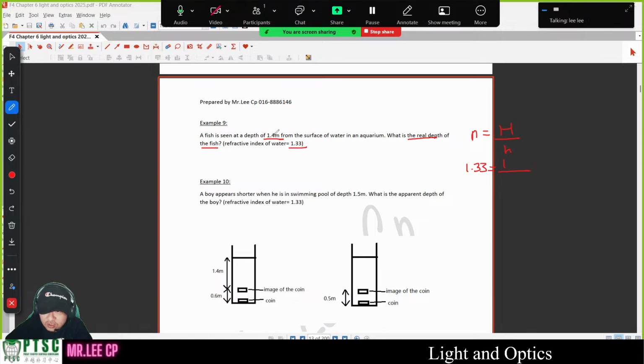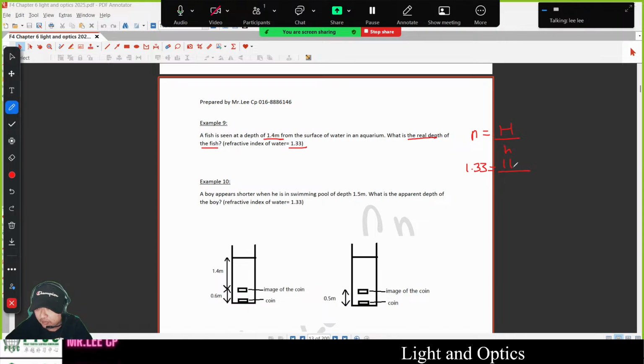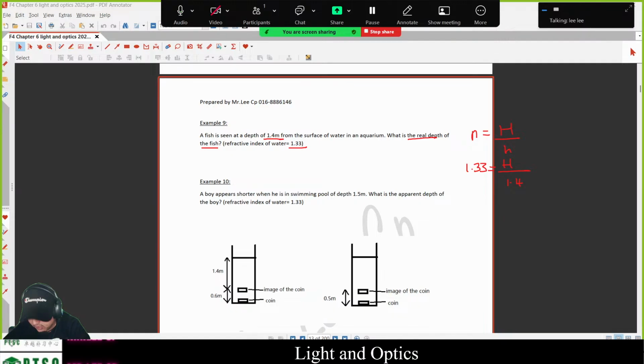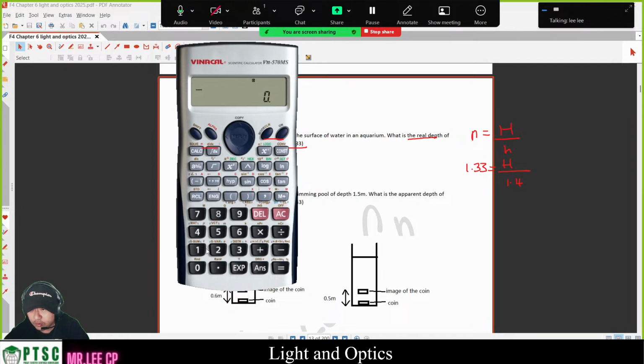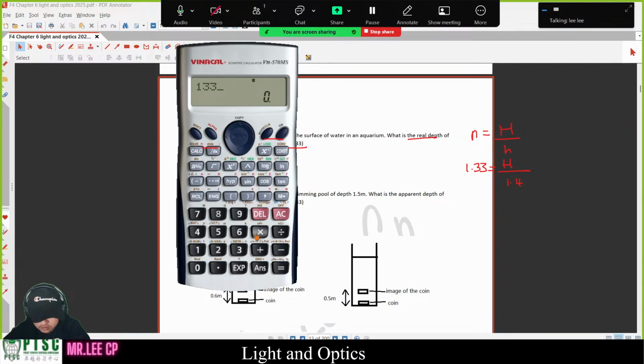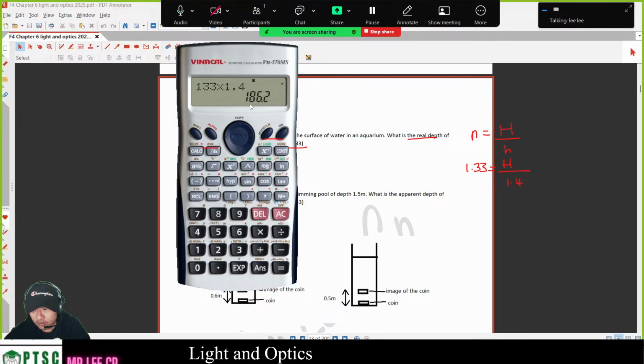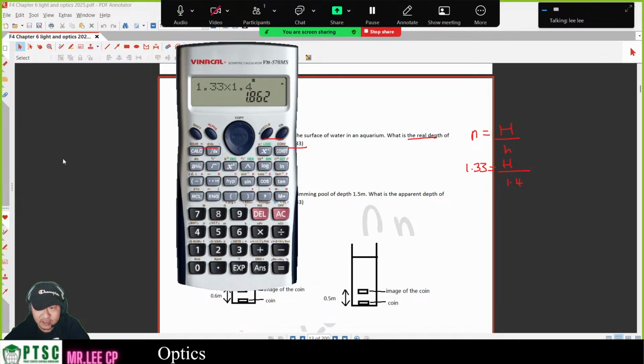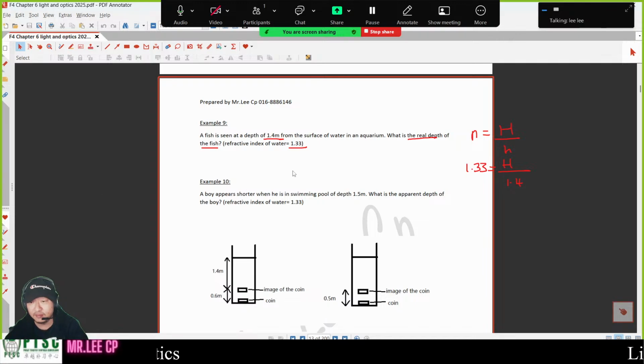This one is seen at, meaning it is apparent depth. So this one is H, this one is 1.4. So multiply it up. H is equal to 1.33 times 1.4. So the answer will be 1.862, in meters. Okay.